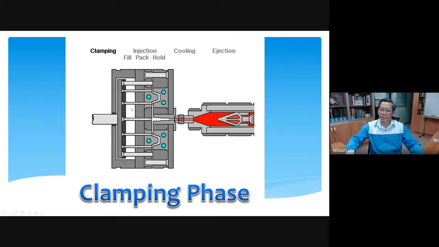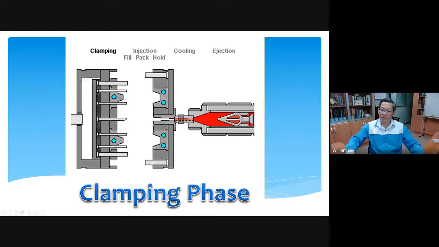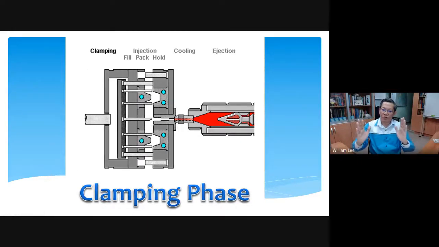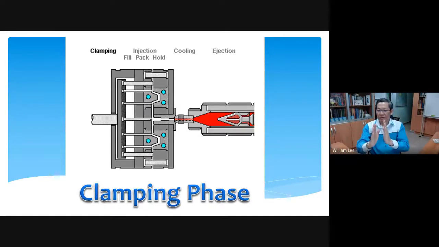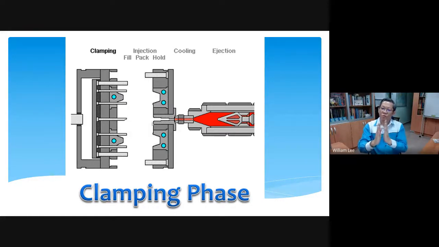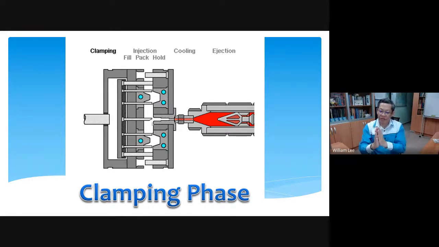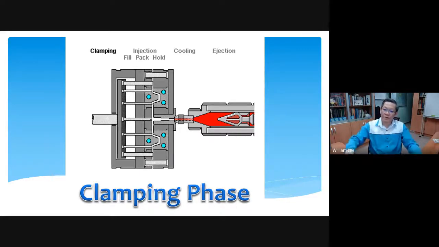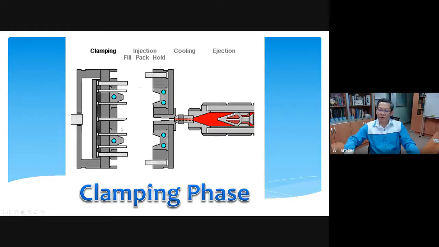During the clamping, these two mold halves need to come initially at a fast speed. Then when they come to a closer distance, they have to slow down to avoid slamming onto the other half, which would damage your mold. But I can see there is some imperfection in the simulation.